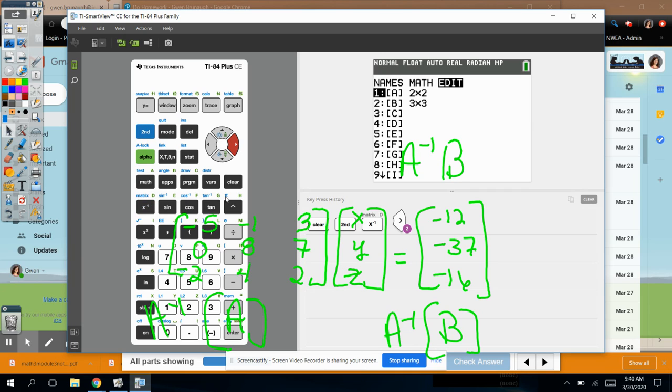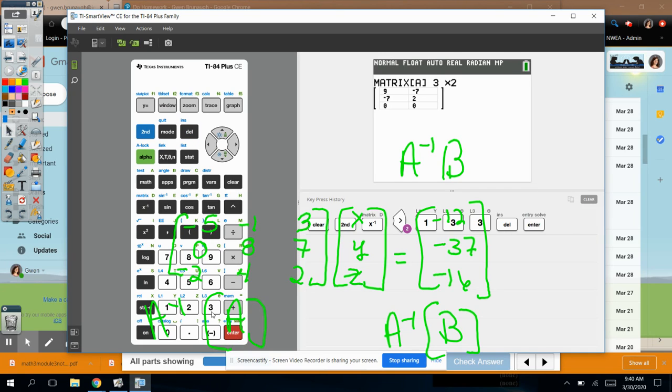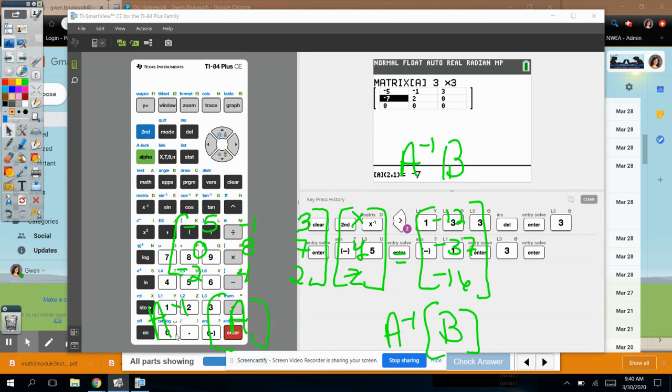I'm going to edit matrix A. It's a 3 by 3. Okay, what do I got here? Can I see it? -5, -1, 3, 0, 8, 7.